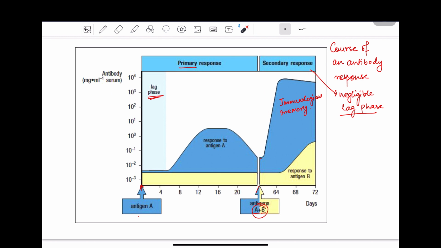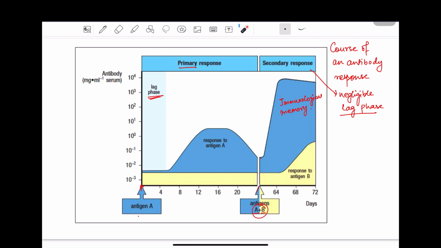So that happens in the secondary response when there is a second exposure with the same antigen. So now after this point of time, we can see that the body is showing a second exposure of the antigen A, but the antigen B is introduced for the first time.